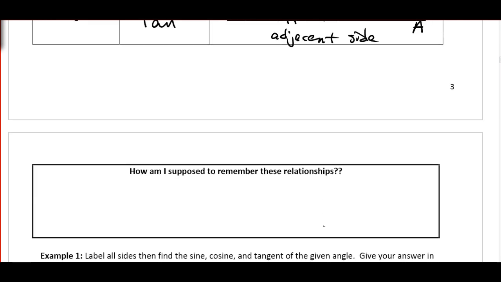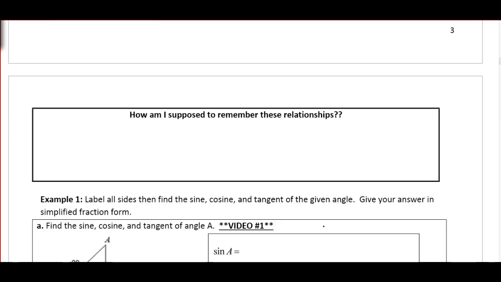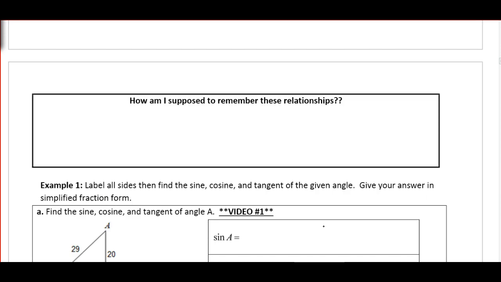So this may seem like a lot to remember, so I'm going to give you a little trick that a lot of people like to use. We call it SOHCAHTOA: S-O-H, C-A-H, and T-O-A. I'll tell you what all these mean in a second.